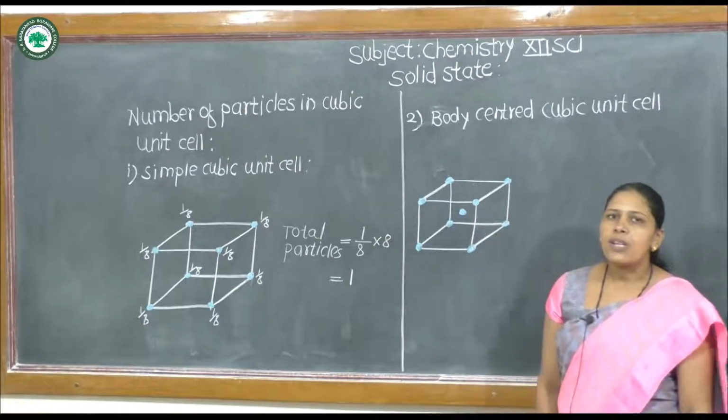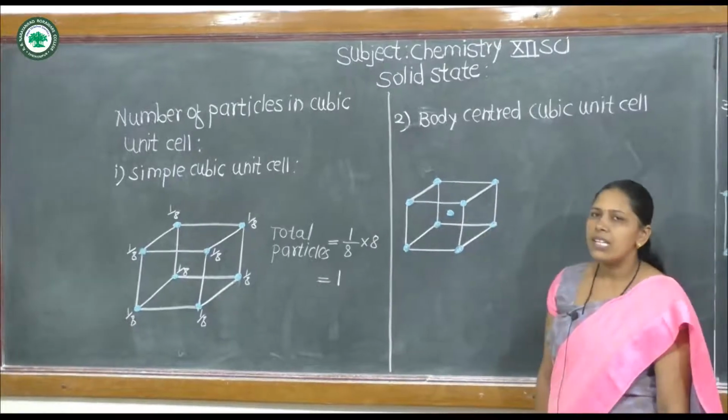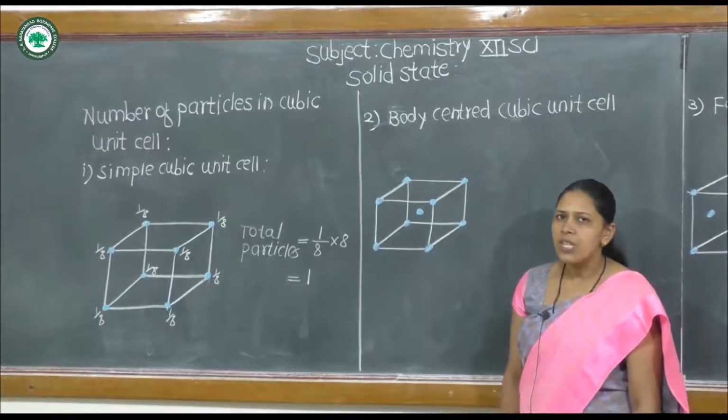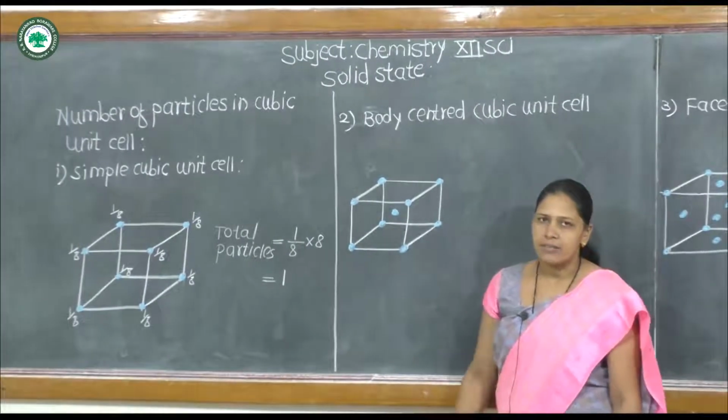Therefore, the total number of particles present in the simple cubic unit cell is 1 particle.